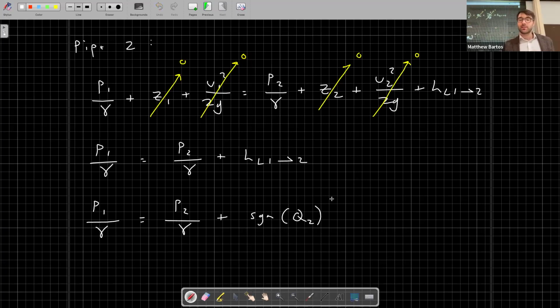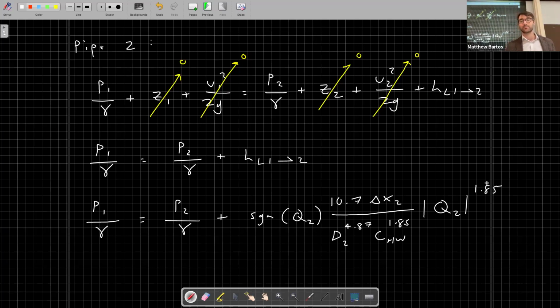So there's going to be sine of Q2 times 10.7 times the length of pipe 2 divided by the diameter of pipe 2 to the 4.87 power, divided by the Hazen-Williams coefficient to the 1.85 power, times the absolute value of Q2 to the 1.85 power. And you can see the pattern we applied.